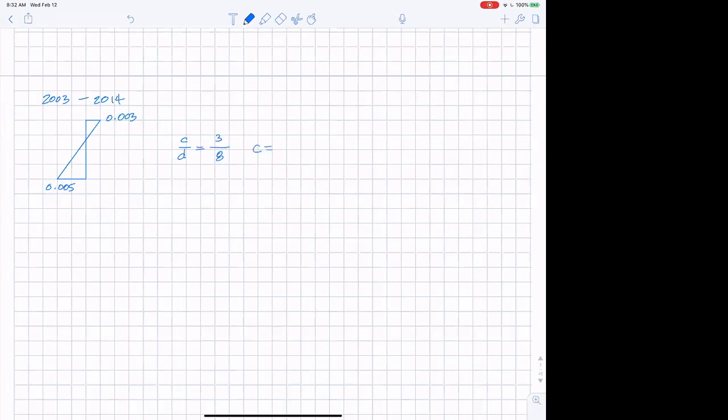So C equals 3/8 D. And we're still going to do T equals C. So Fy As max equals 0.85 F prime C B times A. And A is just beta 1 C. So Fy As max equals 0.85 F prime C B times beta 1 C, which is 3/8 D. Divide by BD.